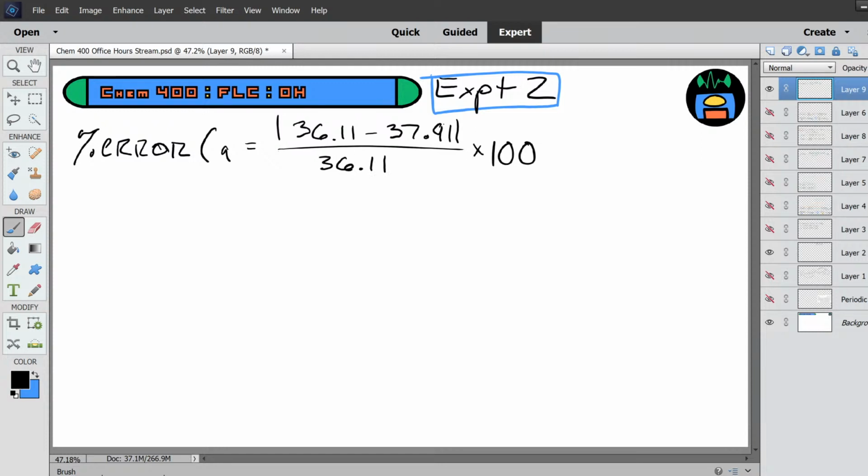Now we have to be careful here because we're switching between operations. We're going to do subtraction, then division. They have different rules for sig figs.